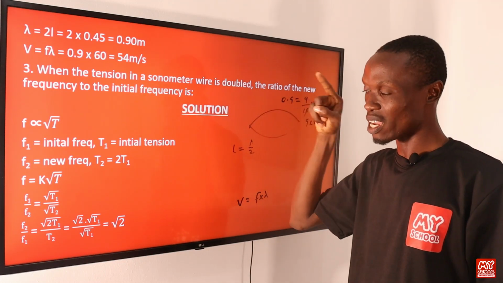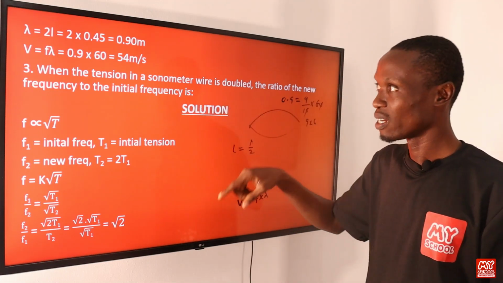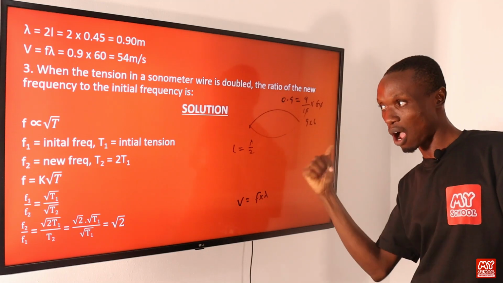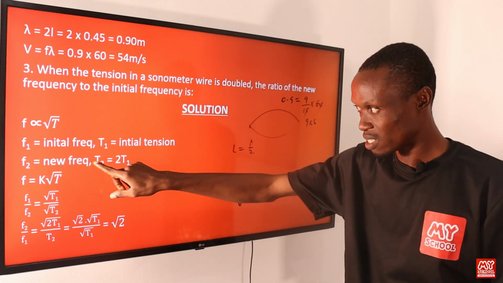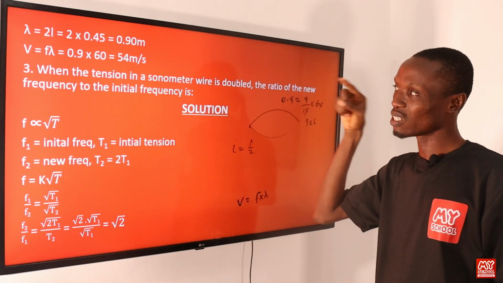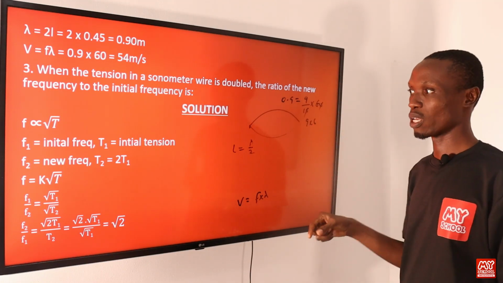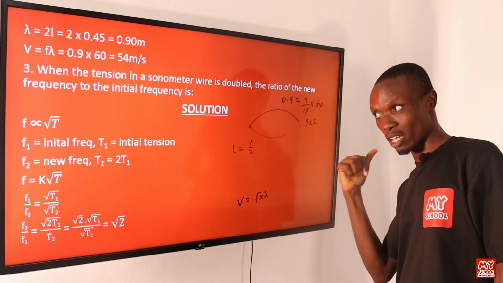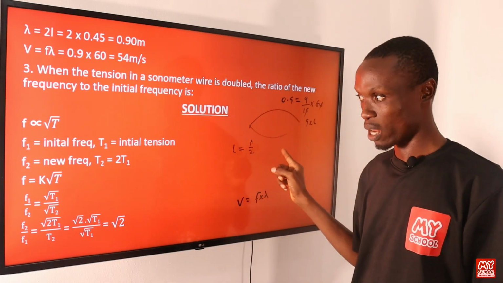So if the tension in the wire initially is T1, then the new tension will be equal to 2 times T1. So here T2 is equal to 2 times T1, since the initial tension was doubled to obtain the new tension.